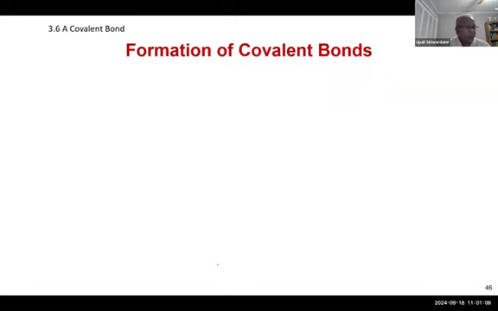Now we're going to go into covalent bonds. This is the second part of bonding. We completed ionic bonding.